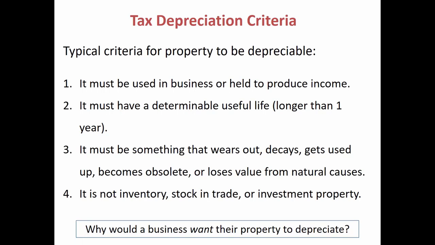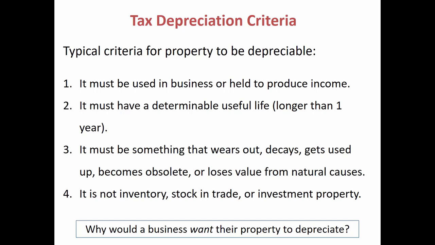So at the bottom here, it poses the question, why would a business want their property to depreciate? Now, it's not that a company actually wants and is eager for its equipment to lose value, but there is some silver lining when your equipment wears out, and that is that you don't have to pay taxes on the value of that depreciation.